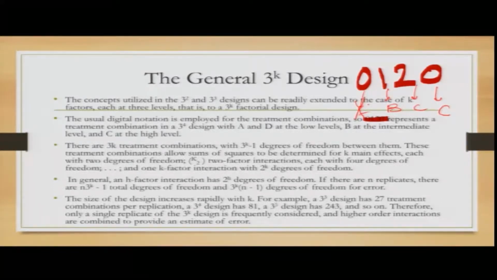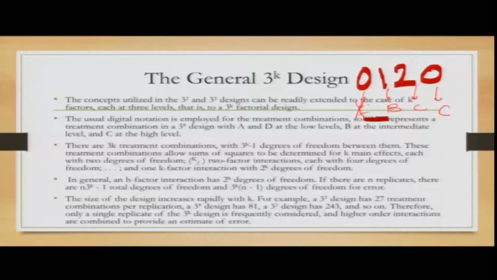So, A is at 0 level, which is the normal level, and okay, let me change it, my apologies, it would be levels 1, 2, 3. So, if it is 0 level, A would be at the minimum level. If B is at 1, it is the normal level, the average. C is at 2, which is basically the highest level, the highest effect which you can find for C, and the value of D is 0, which means it is the lowest level.